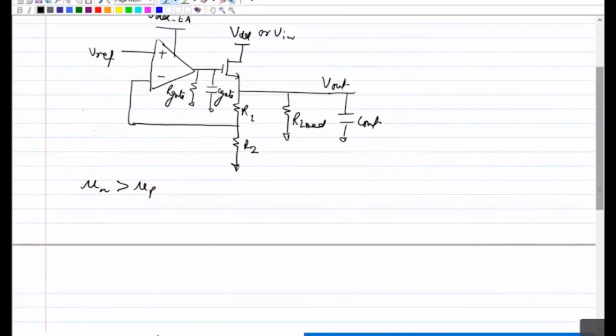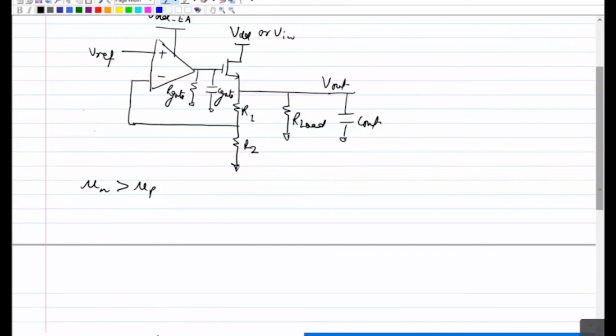But first, can we tell what the limitation is here? Can it regulate any output? In the PMOS, let's say we were able to achieve an output voltage as high as maybe 100 or 200 millivolt below your VDD. In other words, the dropout voltage in the PMOS can be even 100 millivolt or 50 millivolt.